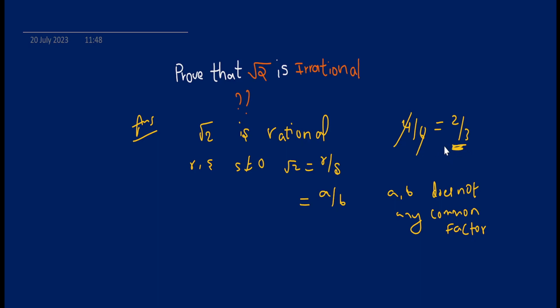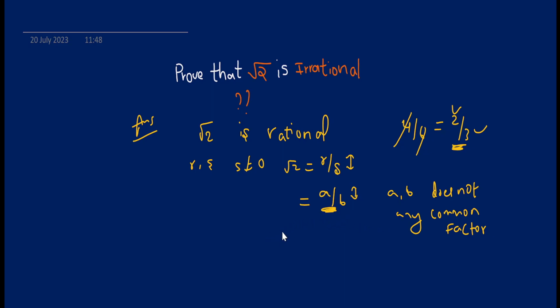We reach a point where the numerator and denominator don't have any common factor. So we reduced r by s to a by b, where we cancel out the highest common factor from r by s. We reached a by b, where a and b don't have any common factor.